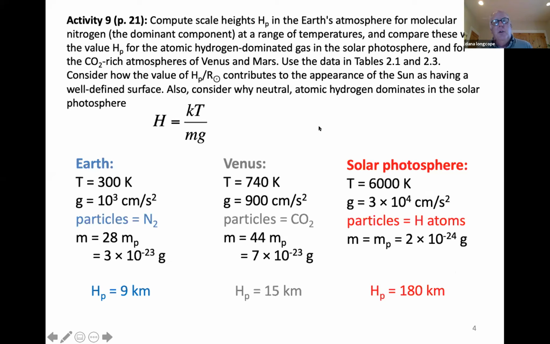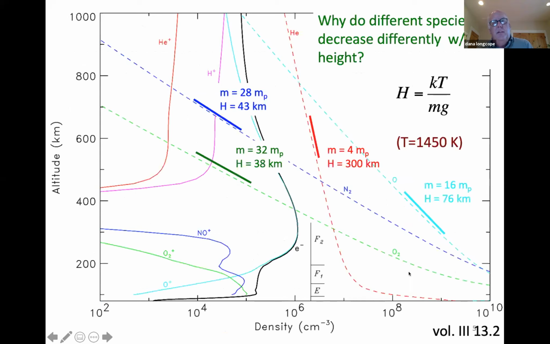So this just gives you an idea of how these atmospheres fall off. This is the diagram, I think it's in Principia, but it's certainly in volume 3 of the text. It shows the density, in particles per cubic centimeter, of each of these species.